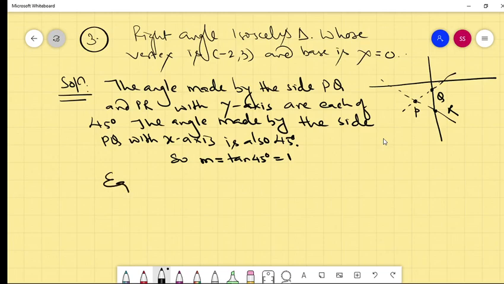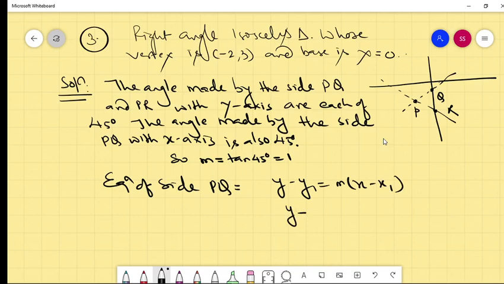Now the equation of side PQ. What is the equation of side PQ? The PQ side is y minus y1 equal to m times x minus x1, and y minus 3 equal to m times x minus x1, which is plus 2. Then y minus 3 equal x plus 2.